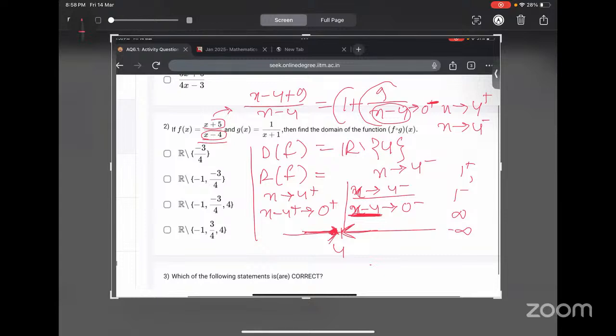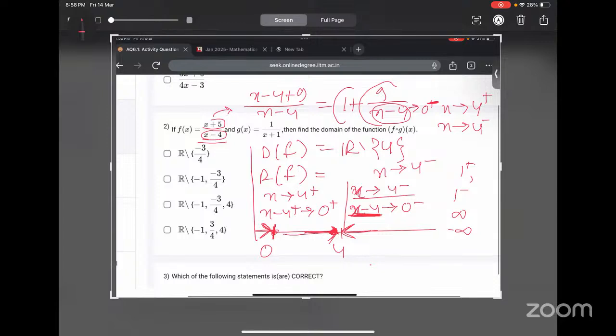Minus 4 means we have to shift it by 4 units. So we will reach 0, from the negative side here. We are just shifting it by 4 units, so this will tend to 0 from the negative side. Okay, ma'am. Understood. Thank you.